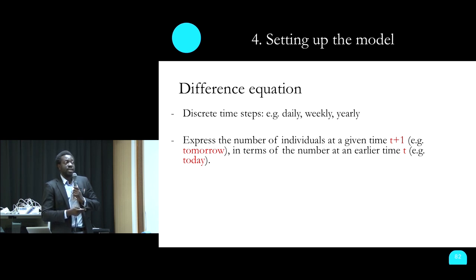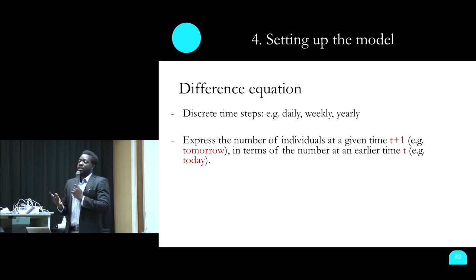The difference equation is generally expressed in terms of time steps: daily, weekly, or yearly. With difference equations, we can express the number of individuals at a given time plus one, for example tomorrow, in terms of the number at an earlier time. Simply, it means that I can predict what will happen tomorrow based on what I know today.